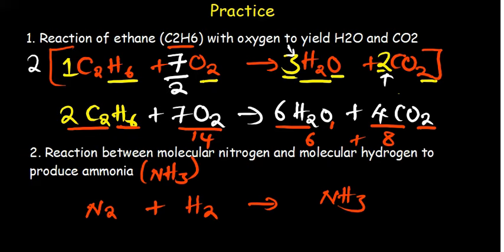Observe first. Nitrogen we have 2, on the left we have 1. What can we do? We can put a 2 there. Hydrogen, how many do we have? We have 2. On the left, at this point, how many do we have? 2 times 3 is a 6, right?